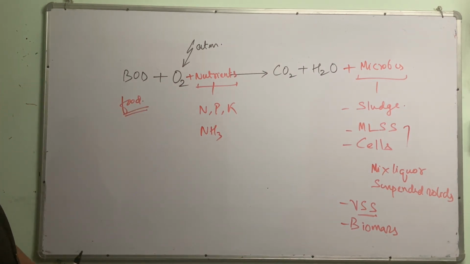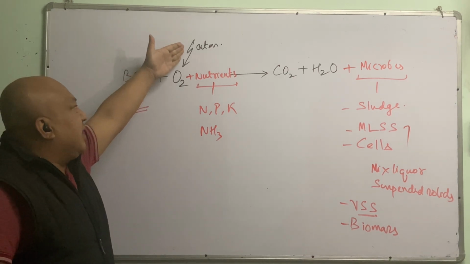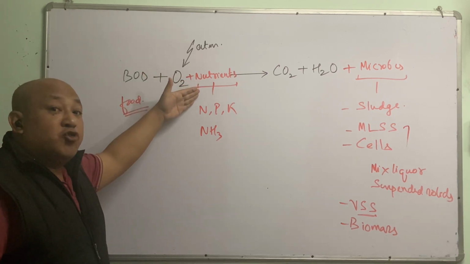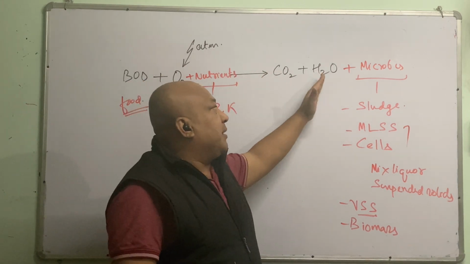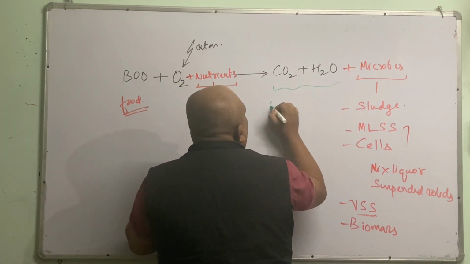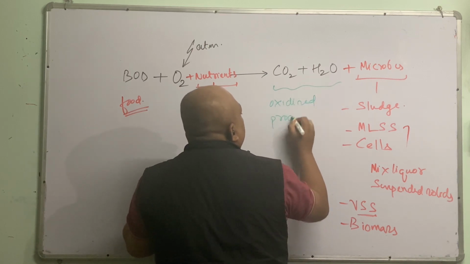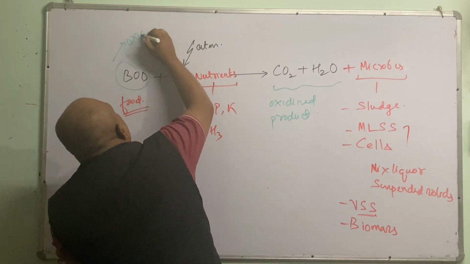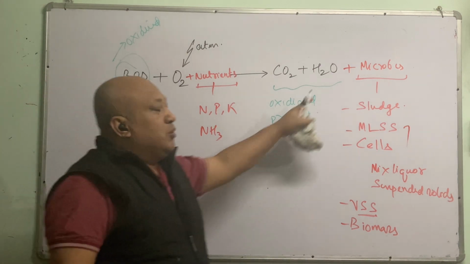So the simple basic fundamental is the BOD food is consumed by the bacteria in the presence of oxygen from the atmosphere, and then nutrients are there, natural nutrients present in the wastewater itself, and it gives out simple products. These are called oxidized products. The BOD is oxidized and forms new cells.